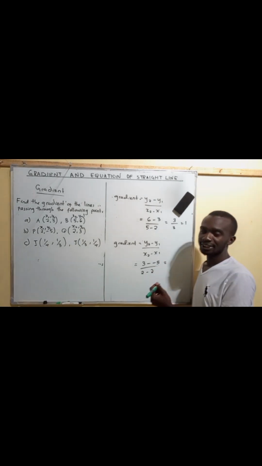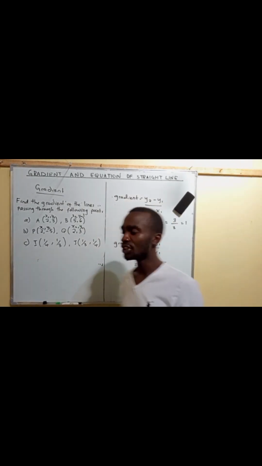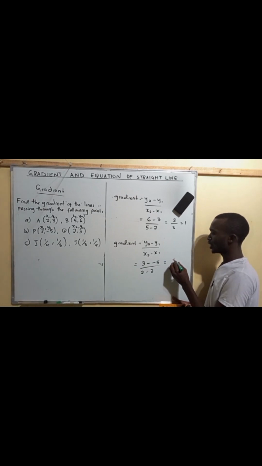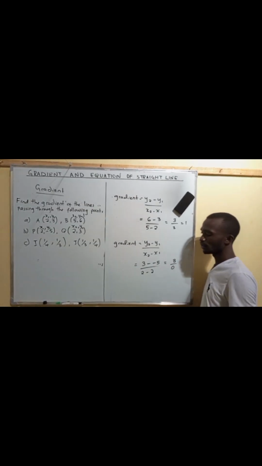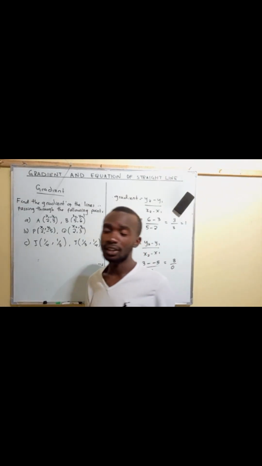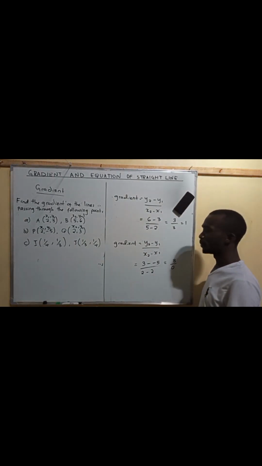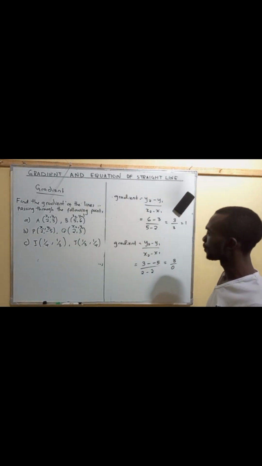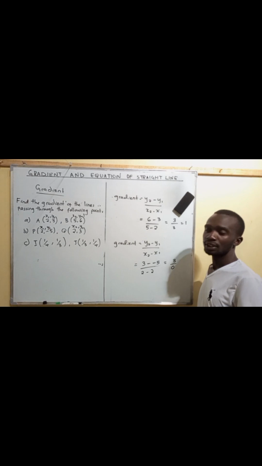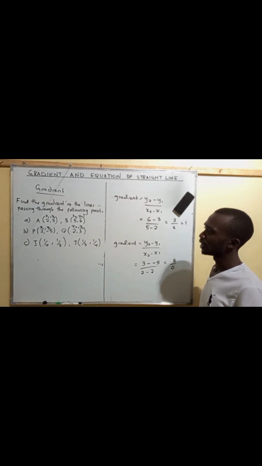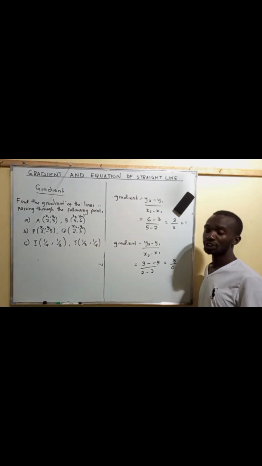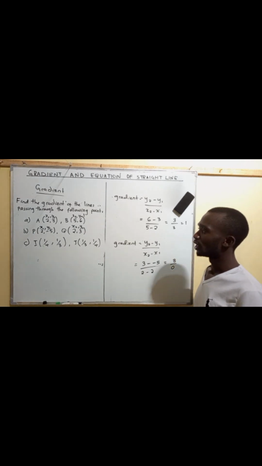So 3 minus -5 is 8, and 8 divided by 0, so I guess that one is 0. So the gradient of this line is 0. It means that it is a line parallel to an axis, either the y-axis or x-axis.